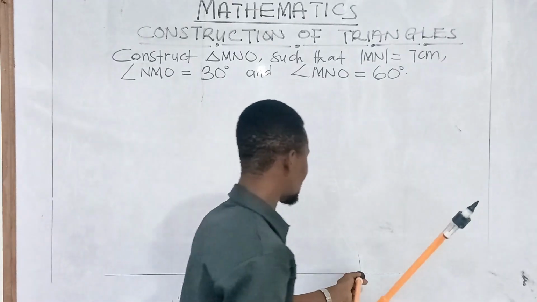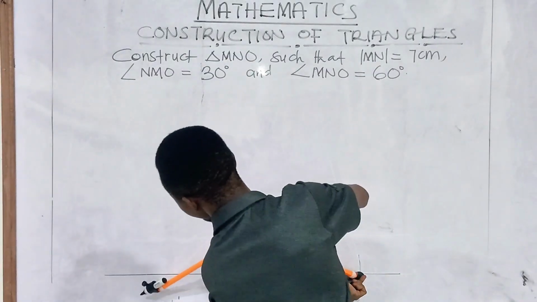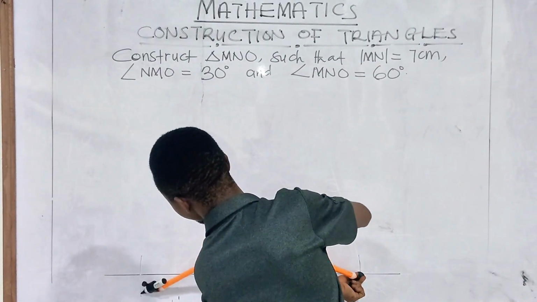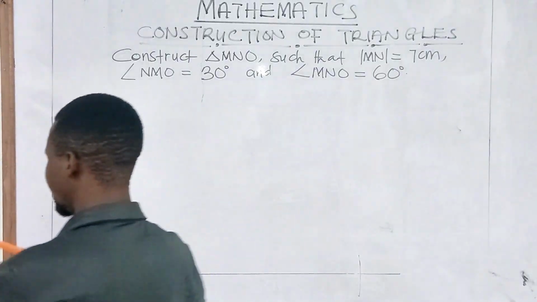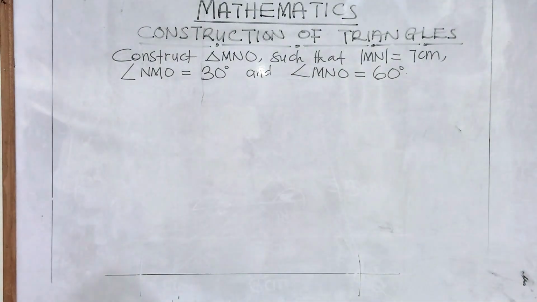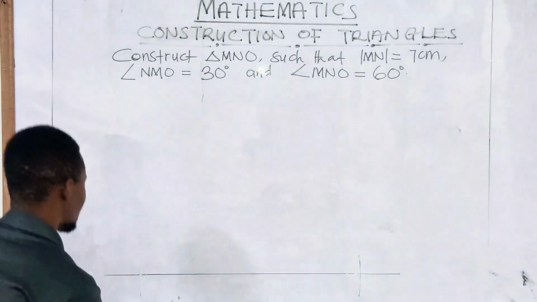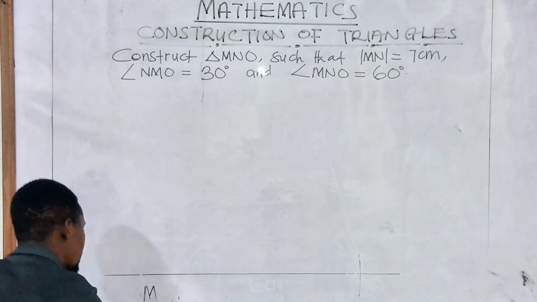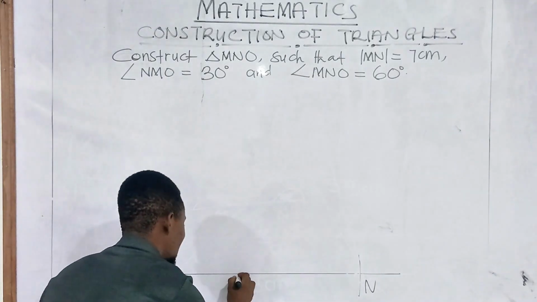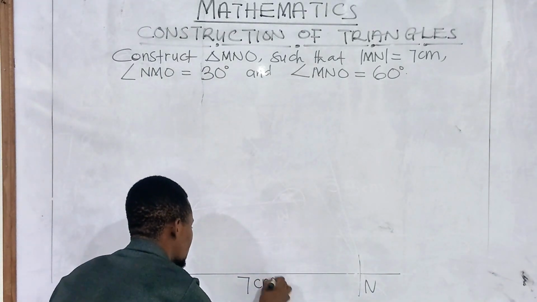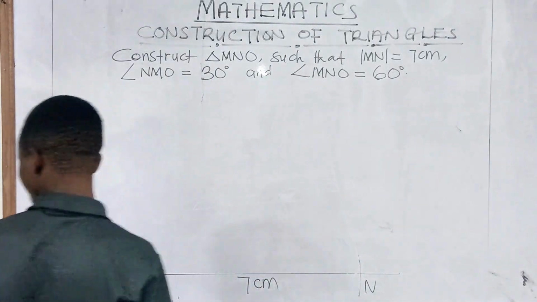And I'll stand on that arc and make another arc like this. Now I'll name my line segment. This is M. This is N. And the length is 7 centimeters.